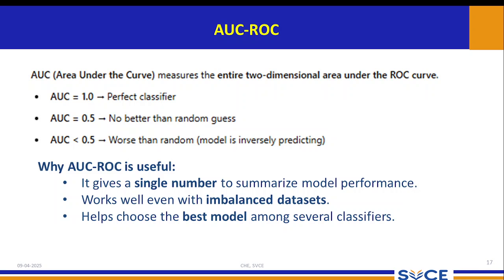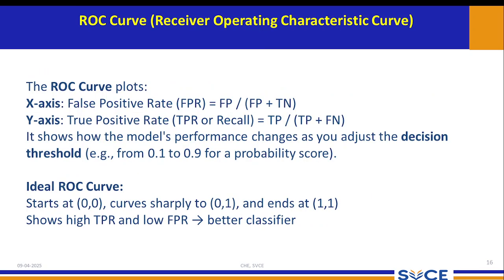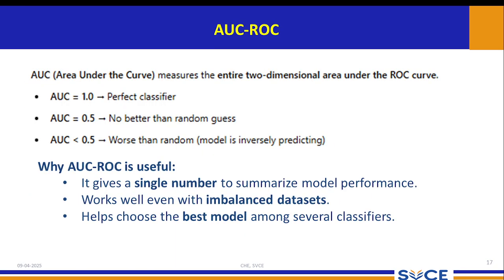When it is 1, it is a perfect classifier. If it is equal to 0.5, it is no better than a random guess, and less than 0.5 is worse than random, meaning the model is inversely predictive. The area under the curve is useful because it gives a single number to summarize model performance, works well even with imbalanced data sets, and helps choose the best model among several classifiers.